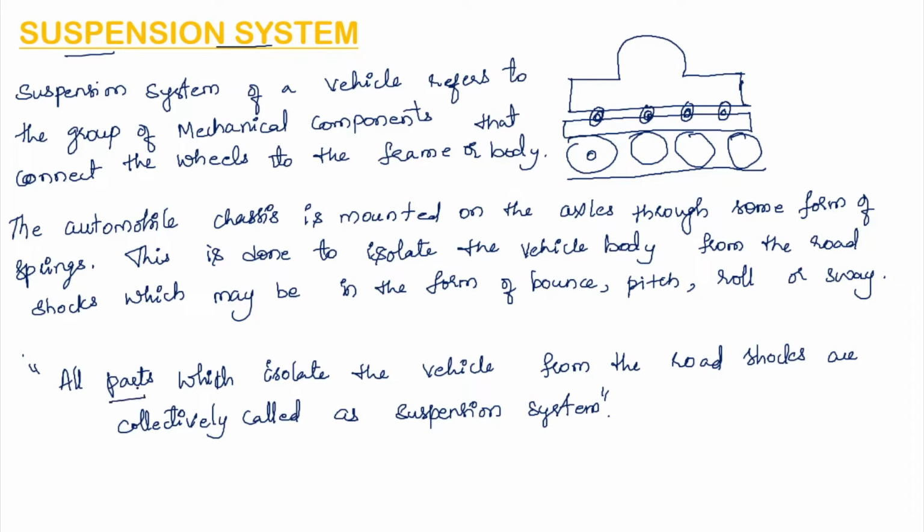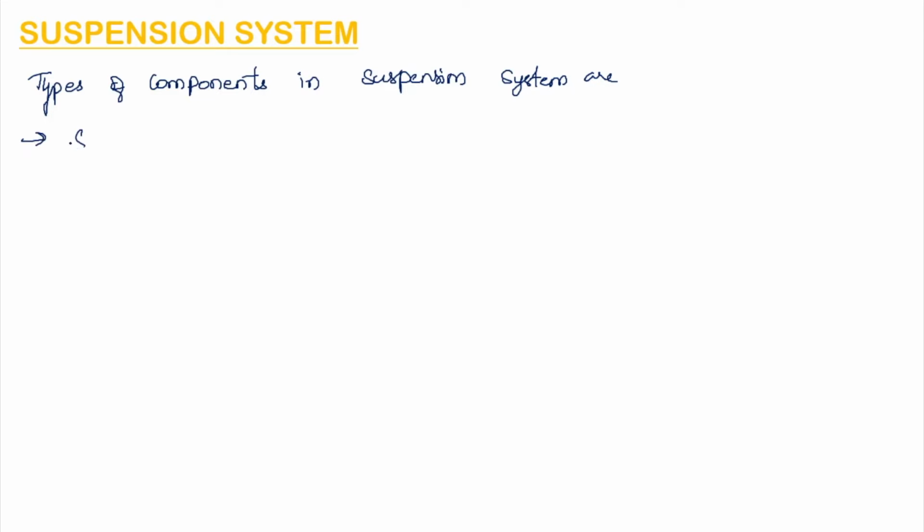So here parts are mechanical components. Different types of components which are used in this suspension system are springs, linkages, and shock absorbers.